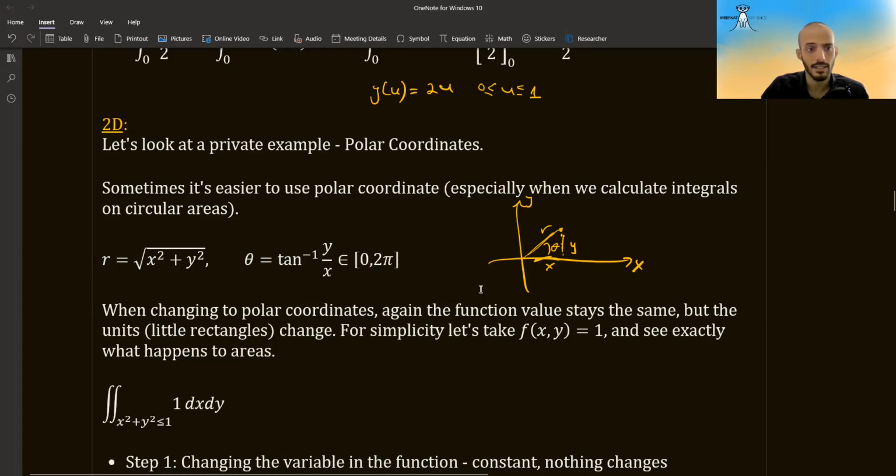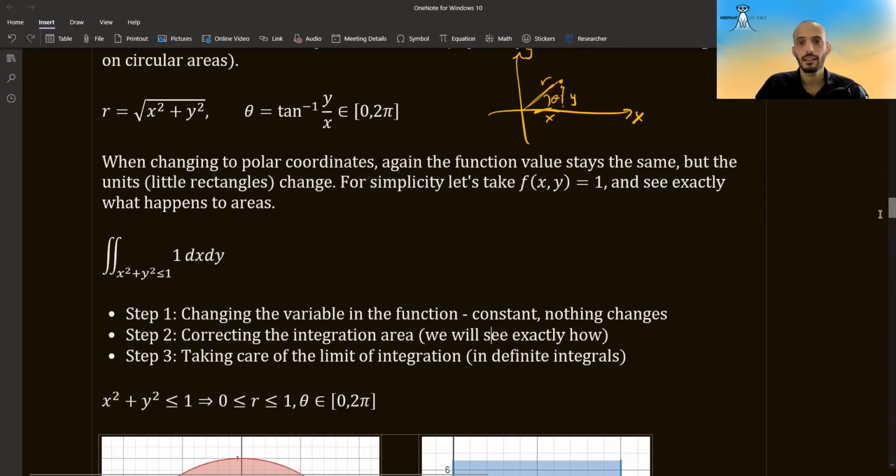So again, like before, when changing to this new representation, basically doing a change of variables, but this time in 2D, the function value stays the same. So in our new space, for each point in x, y, we find the corresponding point in r, theta, and the function value will be the same.